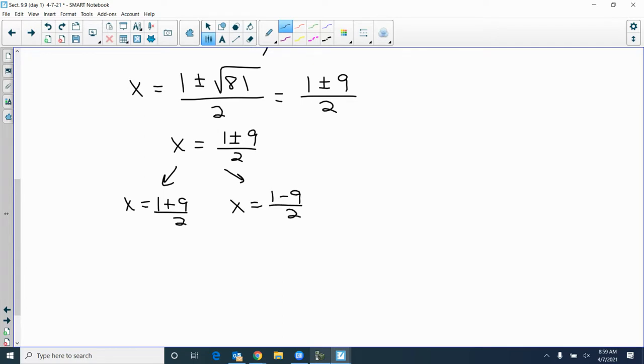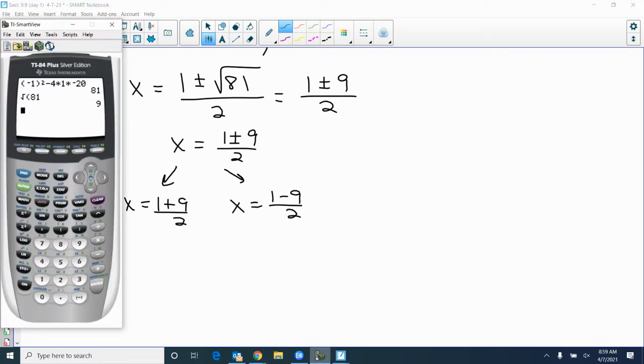And here you got to watch because I'm going to do this wrong and see if you can tell me what I did wrong. If I do 1 plus 9 divided by 2, okay, that answer is wrong. Because what's 1 plus 9? 10. And what's 10 divided by 2? 5. Okay, so if you type it in like that, it's going to give you the wrong answer. So you got to be smarter than that.